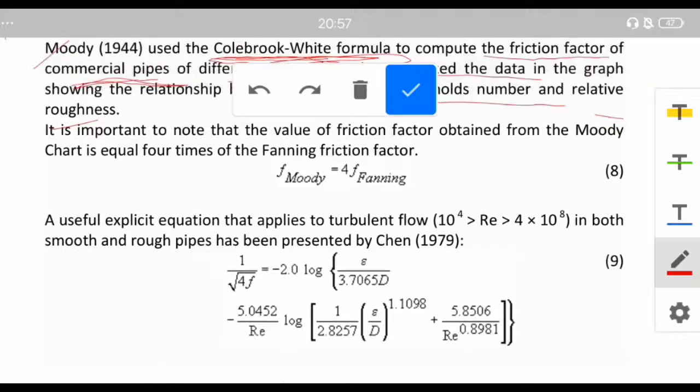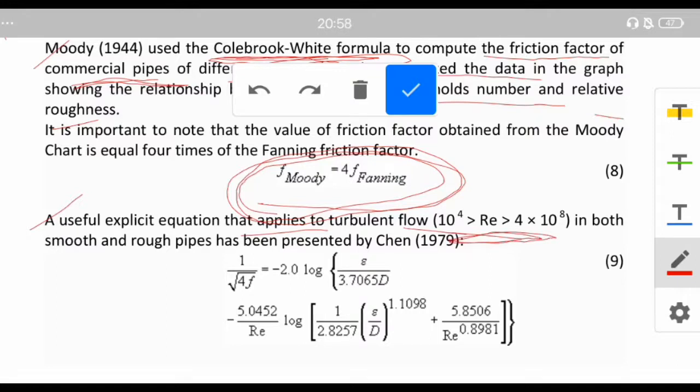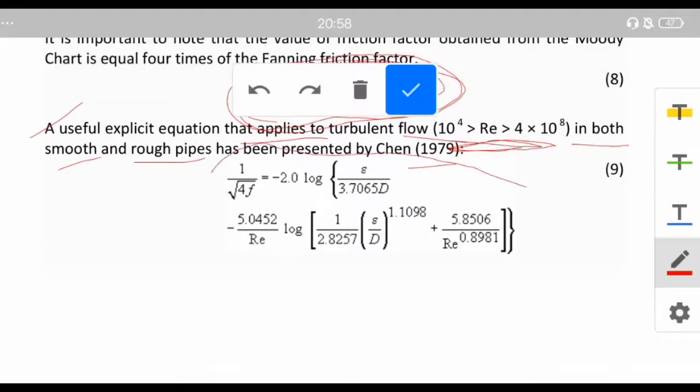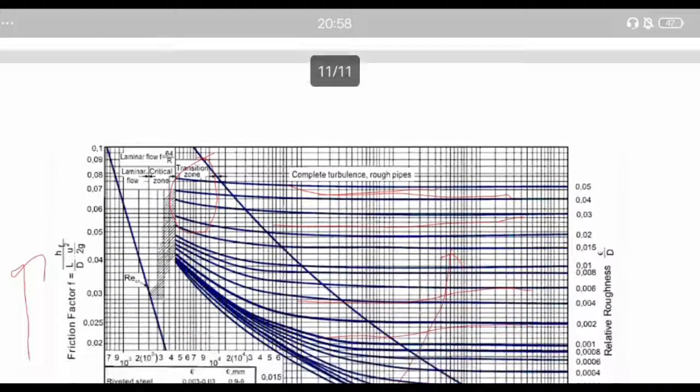Also, the friction factor of Moody is 4 times the friction factor of Fanning as defined here. A useful explicit equation that applies to turbulent flow, that is Re in this range, in both rough and smooth pipes has been presented by Chen in 1979, and this is the equation, and this equation is valid for the Moody's chart.